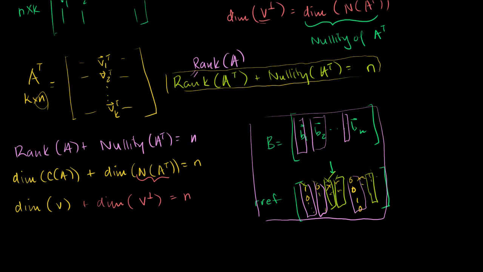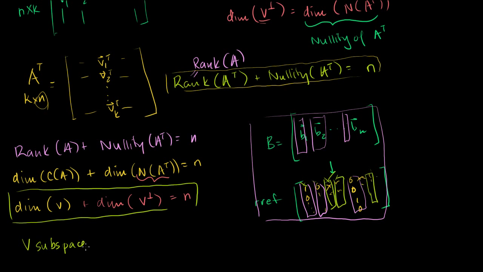And that's the result we wanted. If V is a subspace of Rn, that n is the same thing as that n, then the dimension of V plus the dimension of the orthogonal complement of V is going to be equal to n.